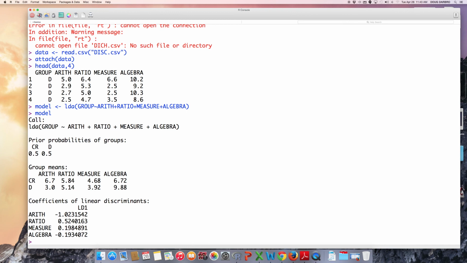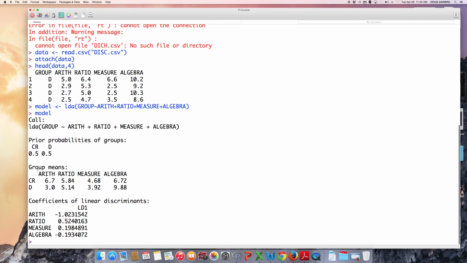Okay? Now, to take a look at our hard work, what we can do here is just type model. And what this will give us, first of all, is our prior probabilities of groups. So right now, because there were 5 students who were developmental and 5 who were college ready, if we choose one of those randomly, the probability of group membership is 0.5 for each.